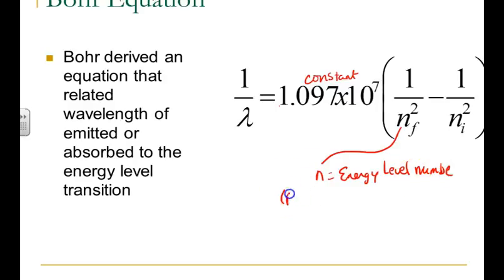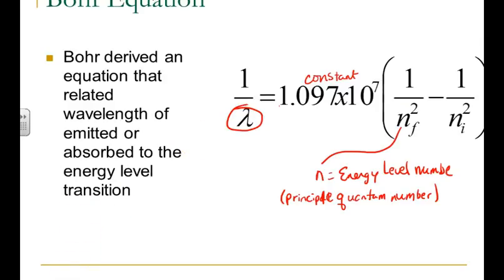It's actually something called the principal quantum number. And of course this is going to be a final energy level and an initial, so we're going to have, in other words, a jump from the initial energy level to the final. And whatever jump we have corresponds to a wavelength of light.